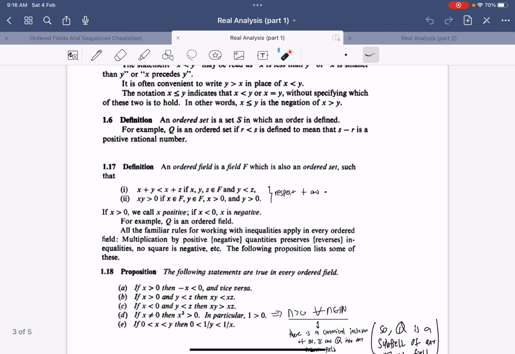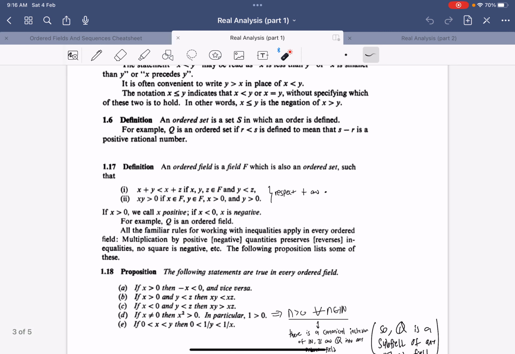And for an ordered field, more specifically, not only does it have to be an ordered set, meaning the order has these properties, but because it has a few operations, we want it to respect these operations. So if x plus y is less than x plus z, then y is less than z.